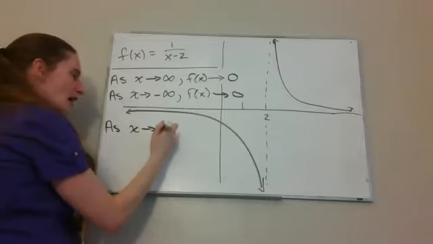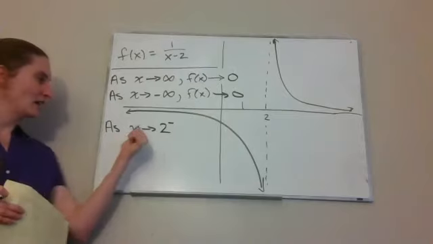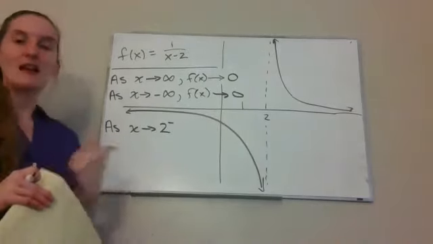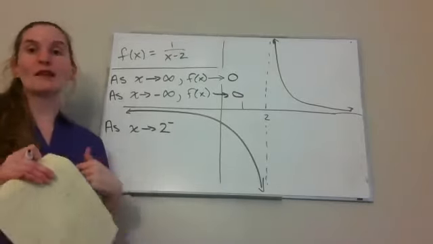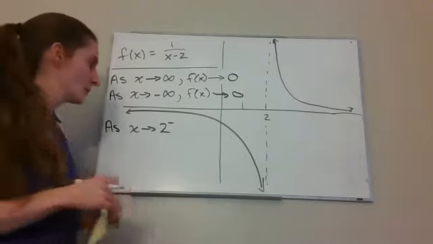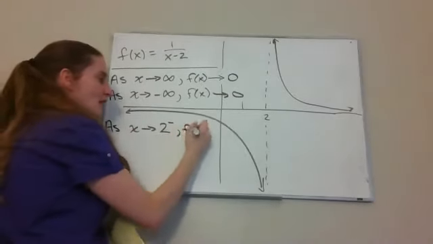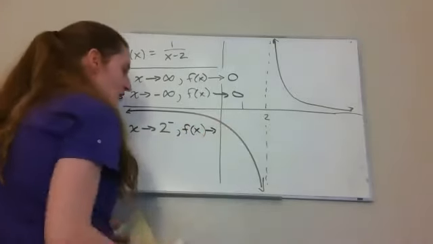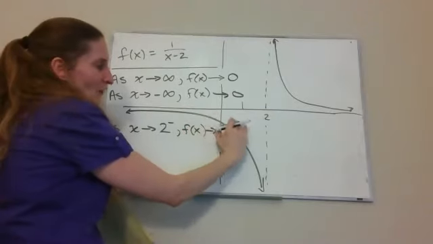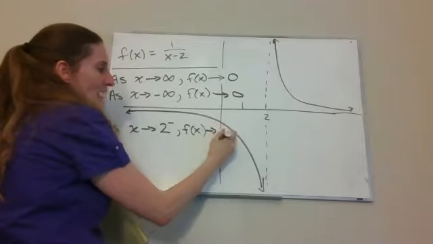Now here's some kind of strange notation. I have as x approaches 2, but then I have a little negative sign up there. That just means I'm approaching 2 from the left side. It's approaching it from numbers that are slightly smaller than 2. So as x approaches 2 from the left side, what happens to my function? Well, here's 2. If I'm coming at it from the left side of my graph, my function's going all the way down to negative infinity.